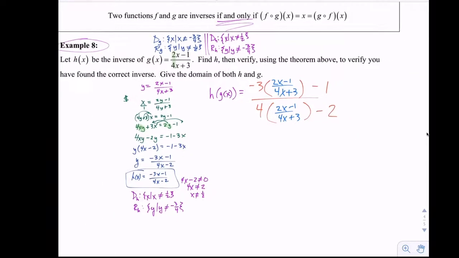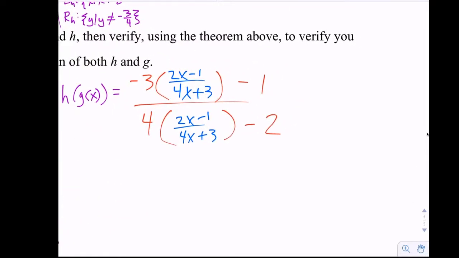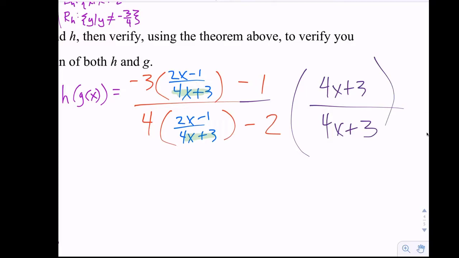And guess what we have set up for ourselves? A complex fraction. Did we spend any time earlier in the year deciding how to get rid of complex fractions? Yes. Why did we do it? For this. Essentially for this. Our miniature denominator is 4x plus 3. If you multiply by 4x plus 3 over 4x plus 3, look what's going to happen.